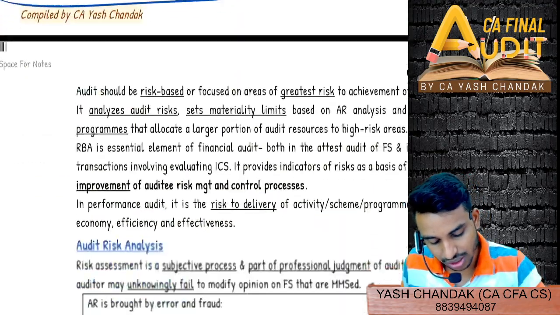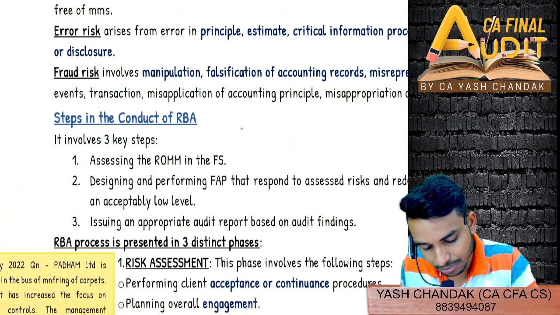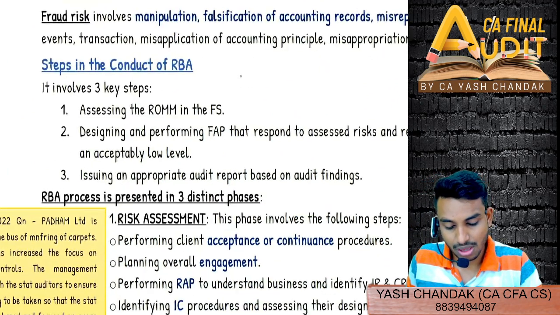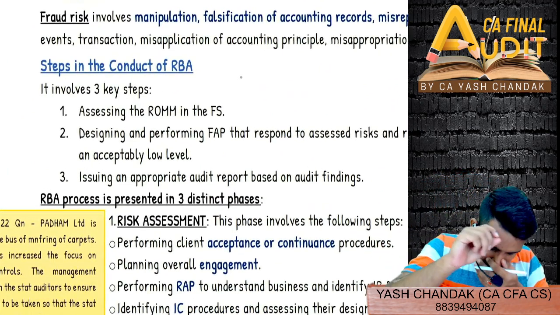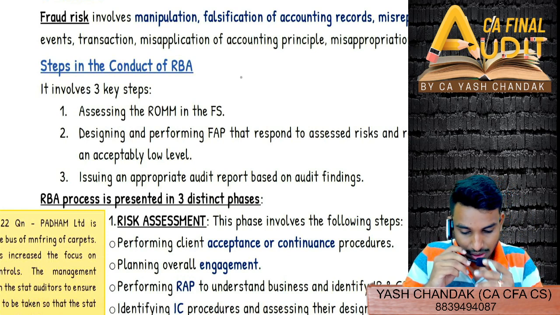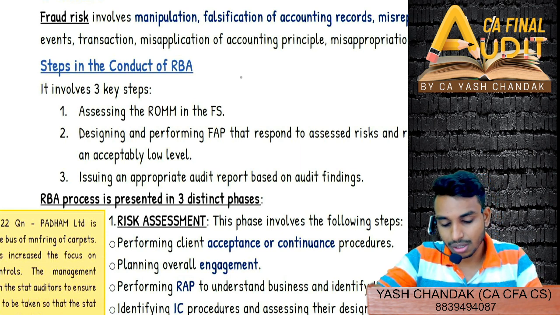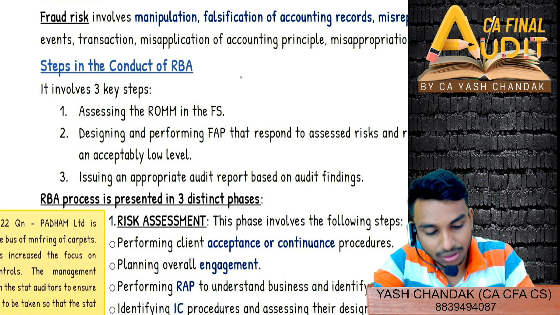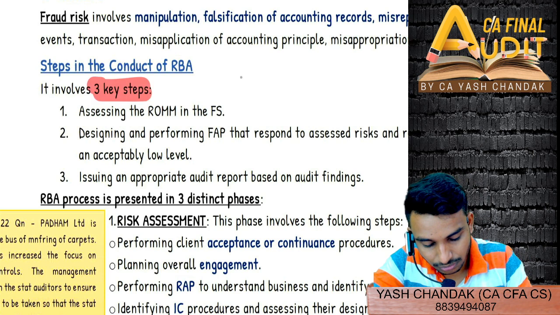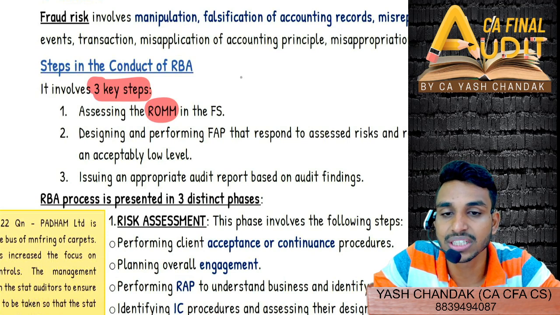Risk-based audit, you can see, is divided into three steps. So it involves three key steps. You have to first assess the ROMM in the financial statement. So in the financial statement, you will be assessing by identification of the risk.